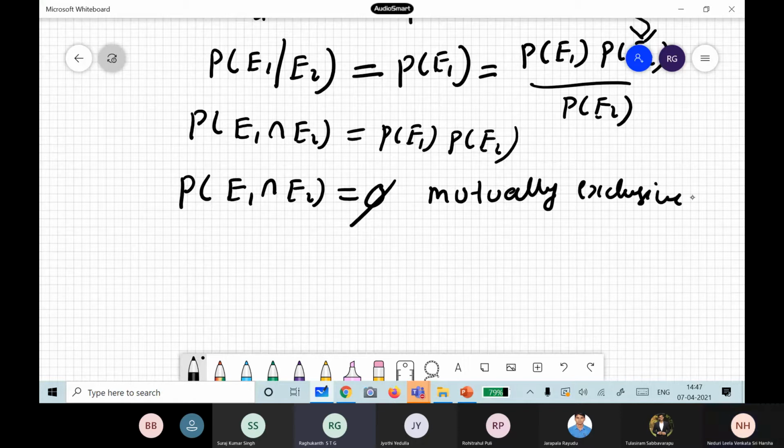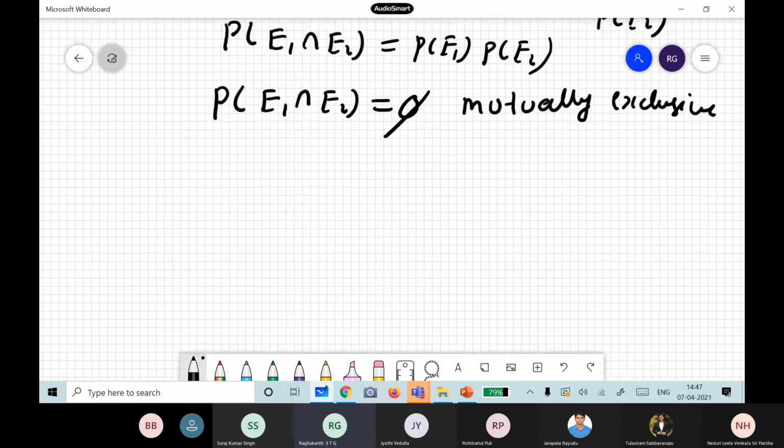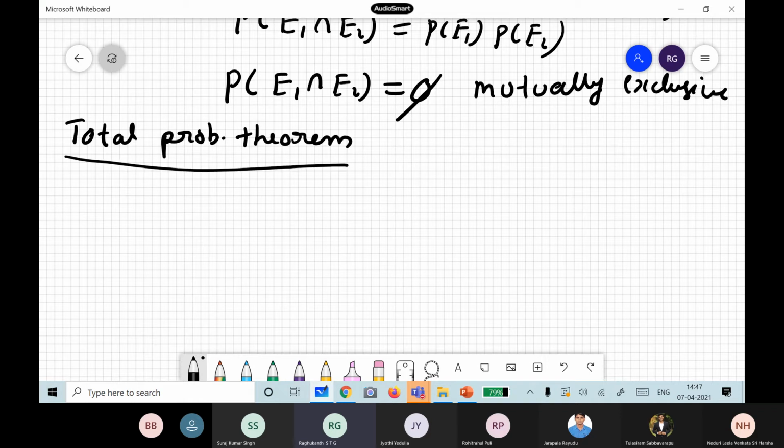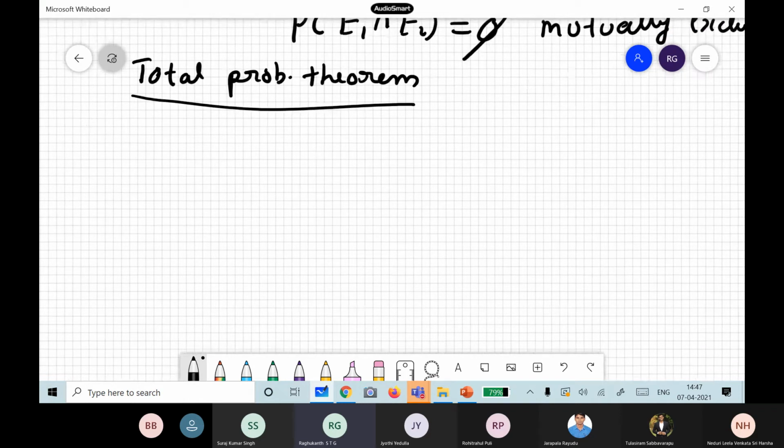So you have to be very careful when you are defining these events. So this is conditional probability. Now we define the most important thing, the total probability theorem. This is the most important and fundamental thing for all seismic hazard analysis.